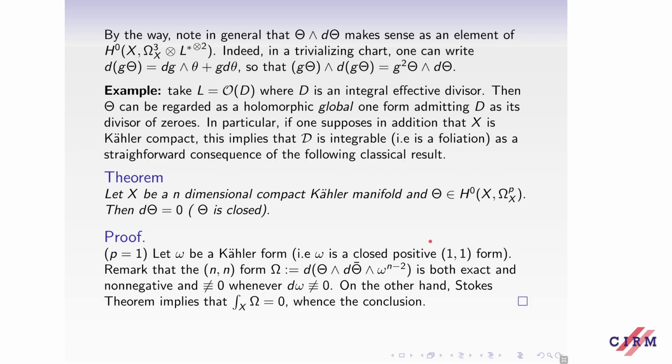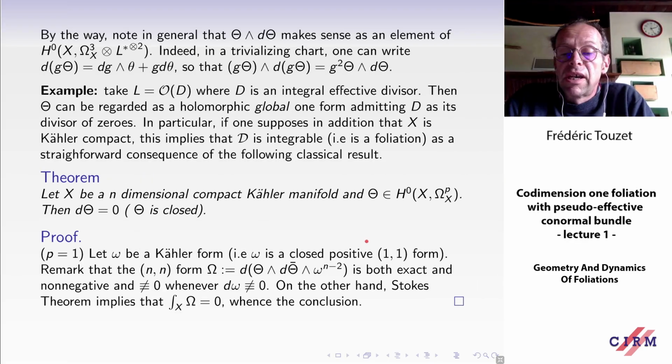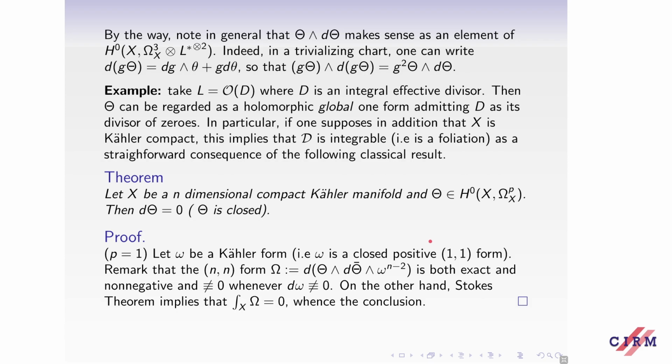Okay. So you can notice that in the case of compact surfaces, the use of the form omega is irrelevant because n minus 2 is equal to 0. So we obtain in this case that every holomorphic one form on a compact complex surface, whatever it is, is closed.